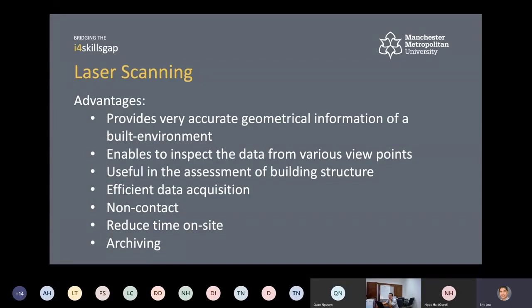So we have a remote control car, put the laser scanner on top, and scan parts that we cannot go in. Depending on the radiation level at that time, we may or may not be able to reuse the remote control car. If not, we just leave it inside. So that's one key thing about laser scanning: we can see things through robots that we don't have to see ourselves.